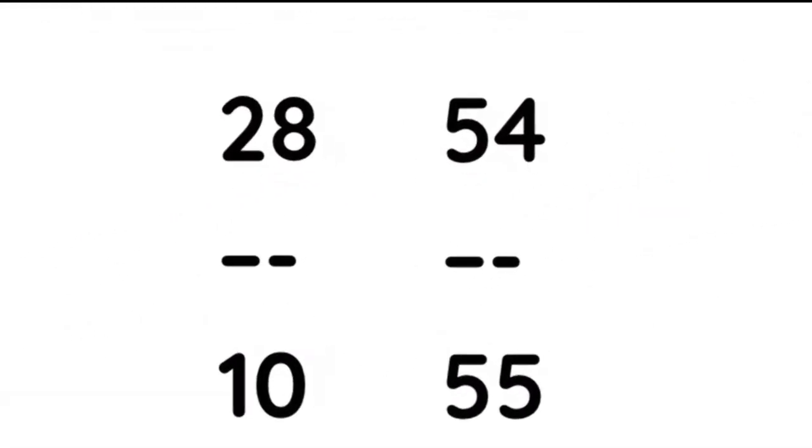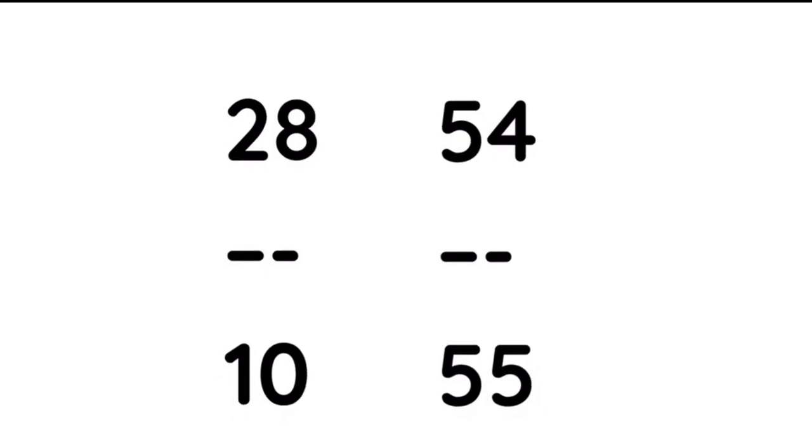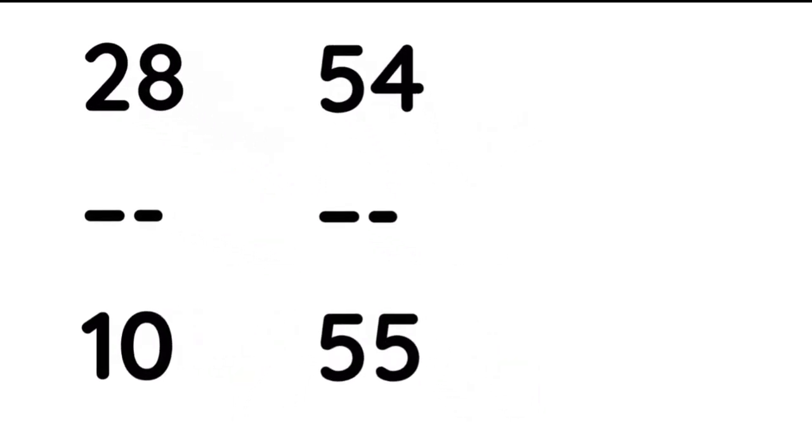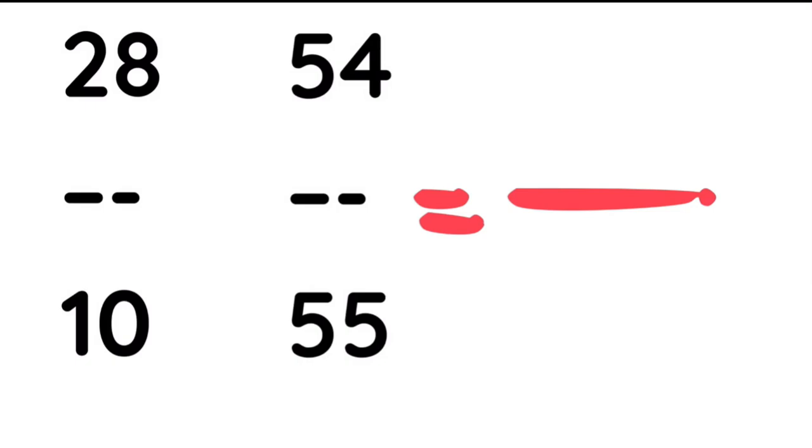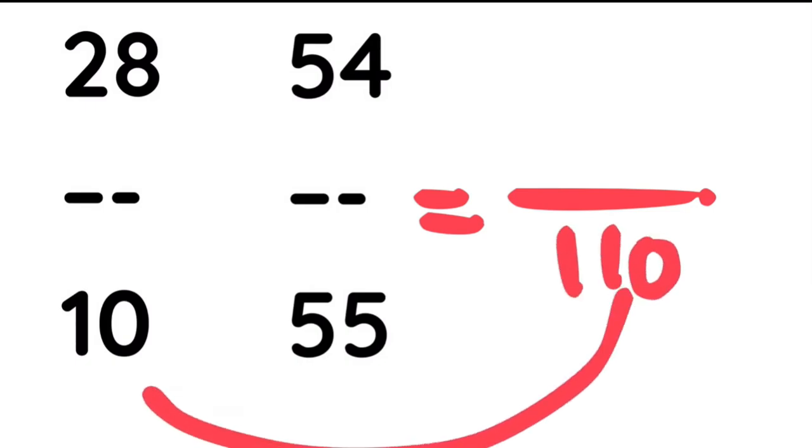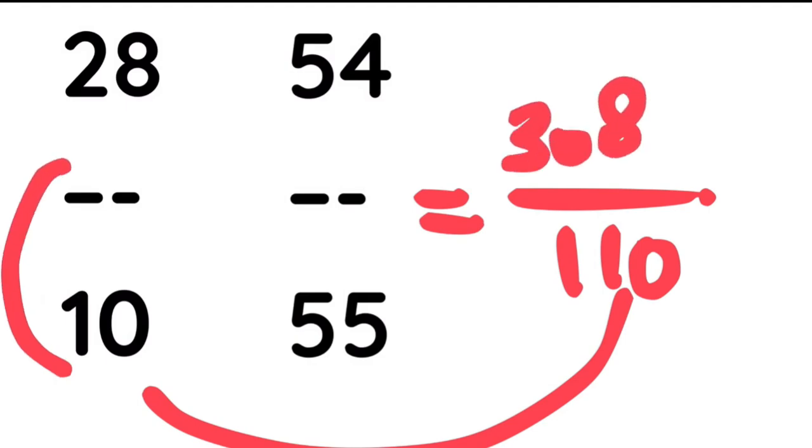Okay, the last example. None of the denominators or the numerators, none of them are the same. So first I need to find a common denominator and then compare them based on their numerators. So the LCM of these two numbers, 10 and 55, is 110. 110 divided by 10, 11. 11 times 28, 308.